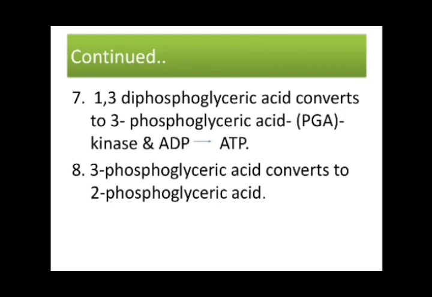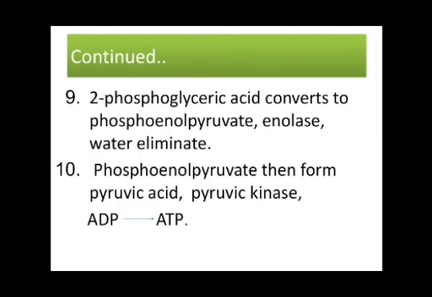In the next step, 3-phosphoglyceric acid converts to 2-phosphoglyceric acid. And in the next step, 2-phosphoglyceric acid converts to phosphoenolpyruvate in the presence of enolase, and a water molecule is eliminated. Then phosphoenolpyruvate forms pyruvic acid in the presence of pyruvate kinase, and one more ATP molecule is produced.